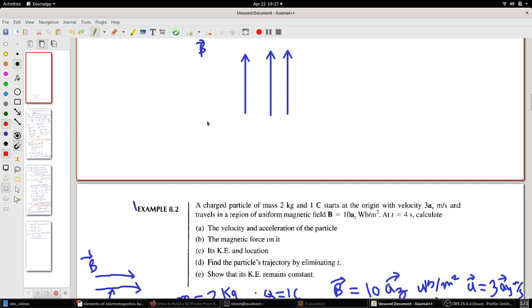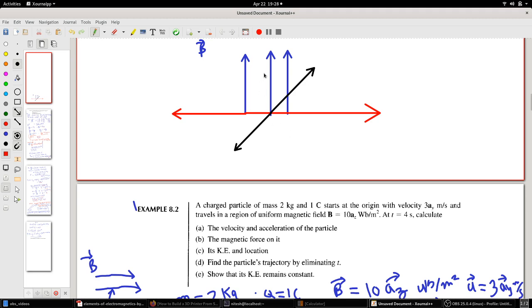Think about this as your y. This is how the charge is moving. Now if I say this is my x, the x-axis, so this is y, this is x.